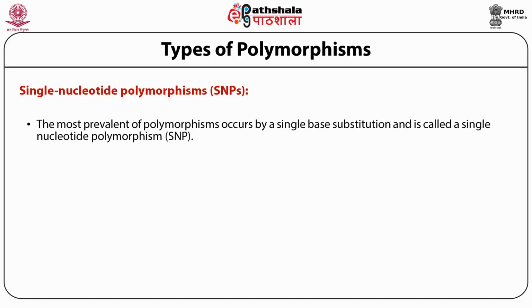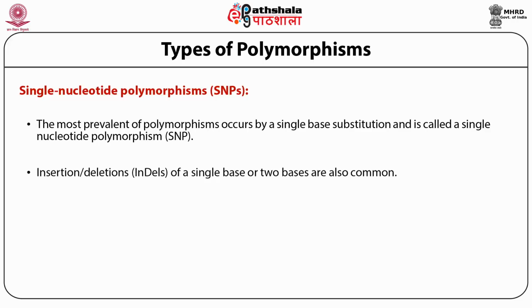In most cases, a SNP has two alternative forms, that is alleles, as a result of transition, that is purine to purine or pyrimidine to pyrimidine mutation, or transversion, that is purine to pyrimidine mutation.